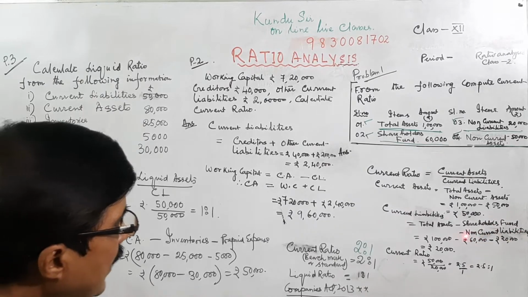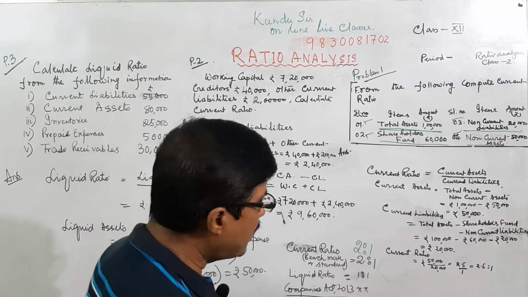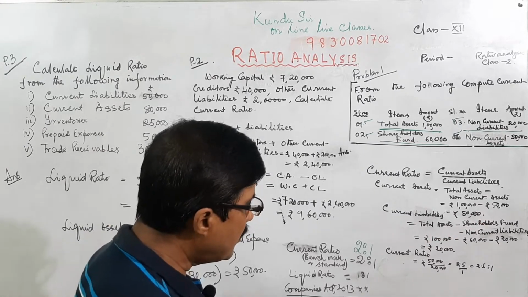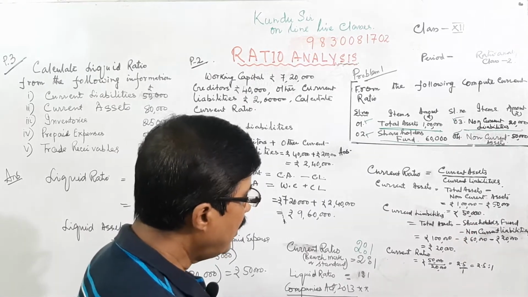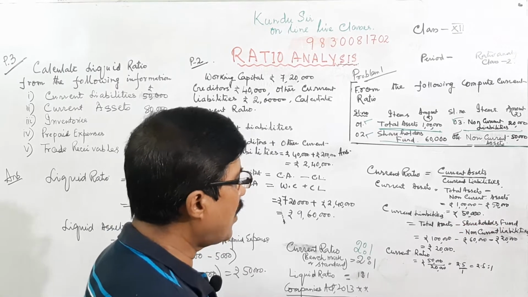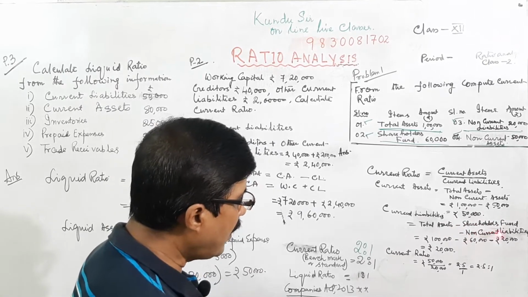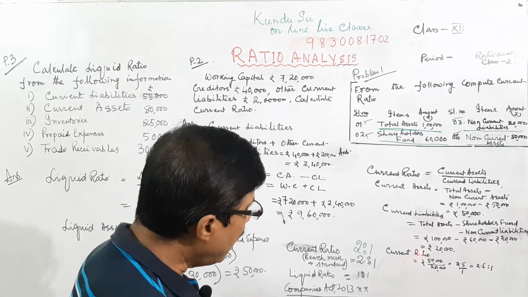From the total assets, if we deduct the shareholder funds and the non-current liabilities, that is the long-term liabilities, then we will get the current liabilities.